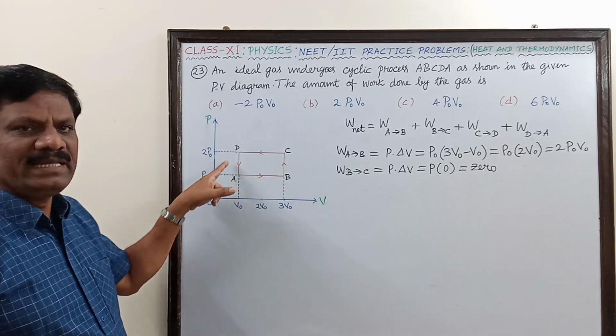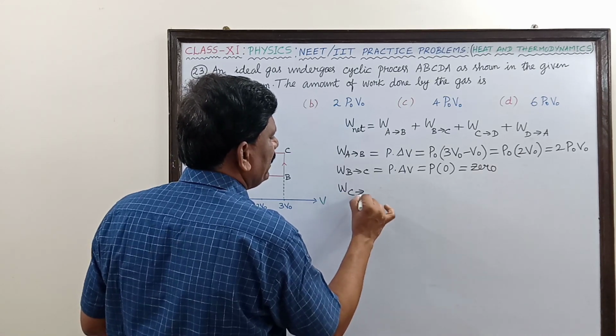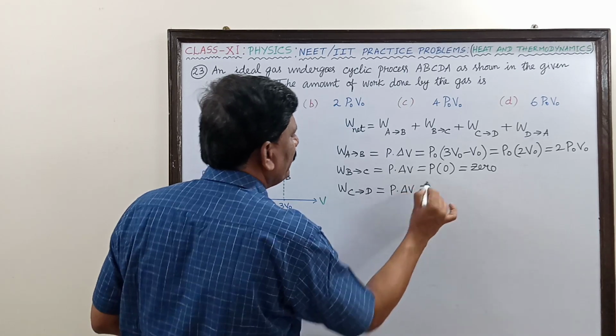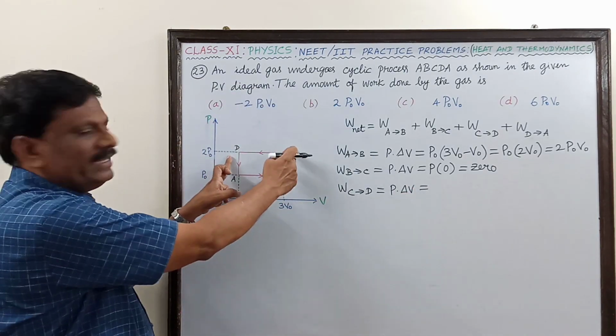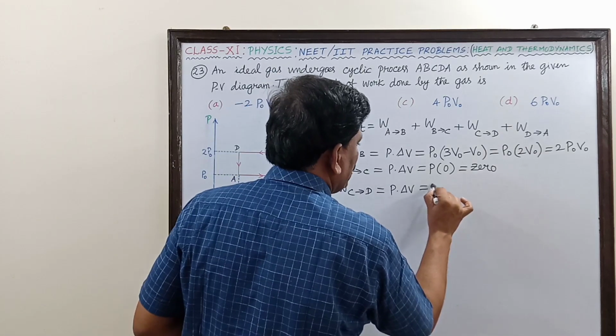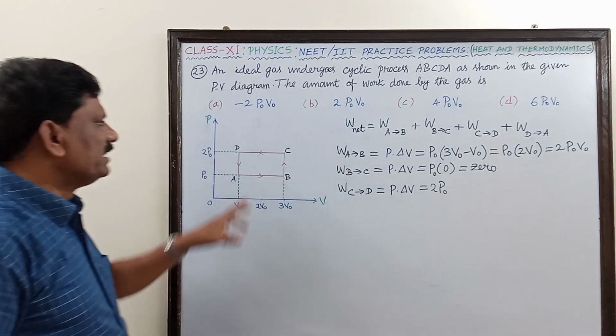Again from C to D. So the work done from C to the point D is equal to P into delta V. You can see here both the points C and D correspond to the same pressure 2P0. So 2P0 into change in volume.